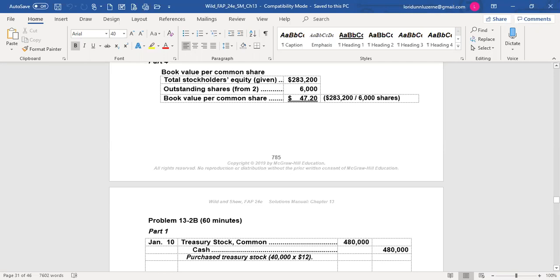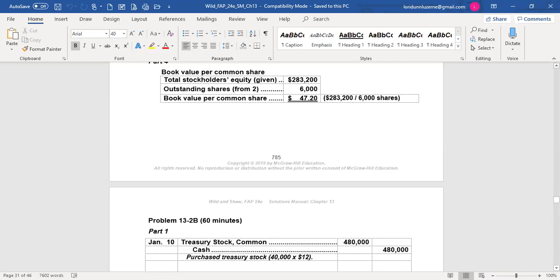As of 1/1 of 19, there were 200,000 outstanding shares. We just decreased the outstanding shares by purchasing back 40,000 of our own stock. Remember, Treasury Stock decreases outstanding shares of stock. So right now there are 160,000 shares of outstanding common stock.